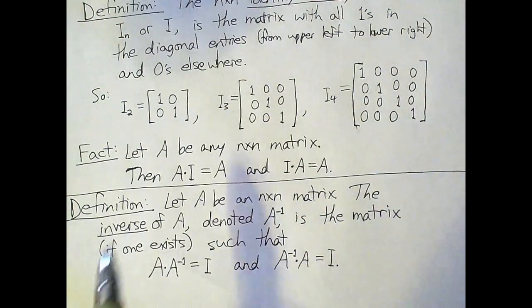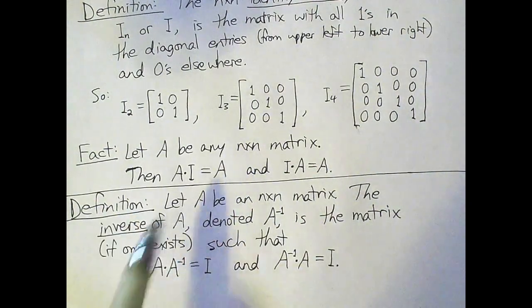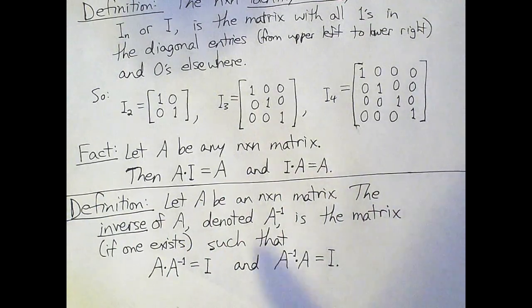Now, this is not a function. It's a matrix, but we still use this notation. Now, in what sense is this the inverse? Well, the basic idea is that if you multiply a matrix times its inverse, you wind up just getting the identity matrix, and also if you do it in the other order.